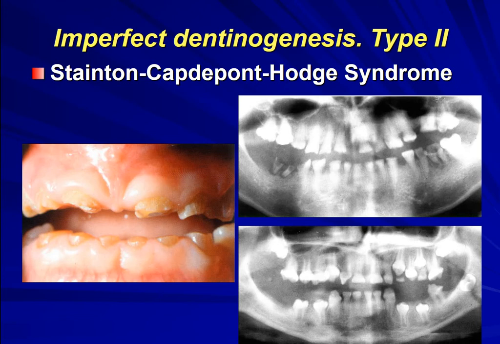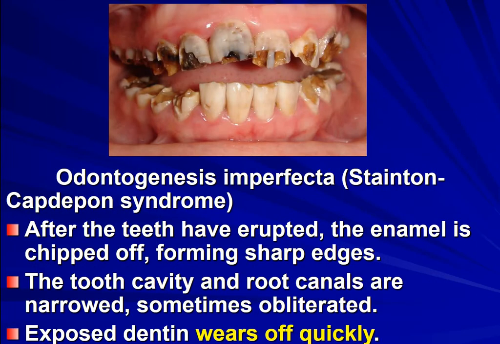On this slide is shown an X-ray of Stanton-Kapdepon-Hodge syndrome and imperfect dentinogenesis, the second type. Odontogenesis imperfecta, Stanton-Kapdepon syndrome.